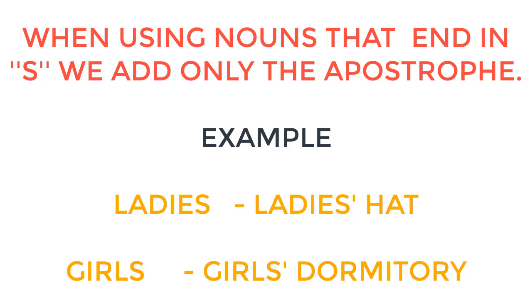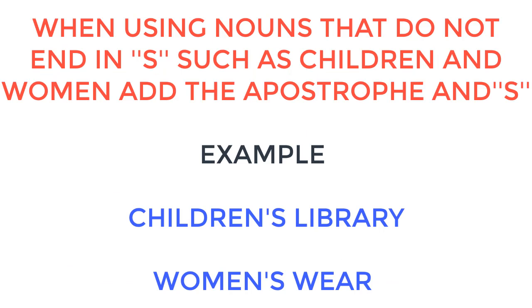Example, ladies becomes ladies' hats. Girls becomes girls' dormitory. When using nouns that do not end in s, such as children and women, add the apostrophe and s. Example, children's library, women's wear.